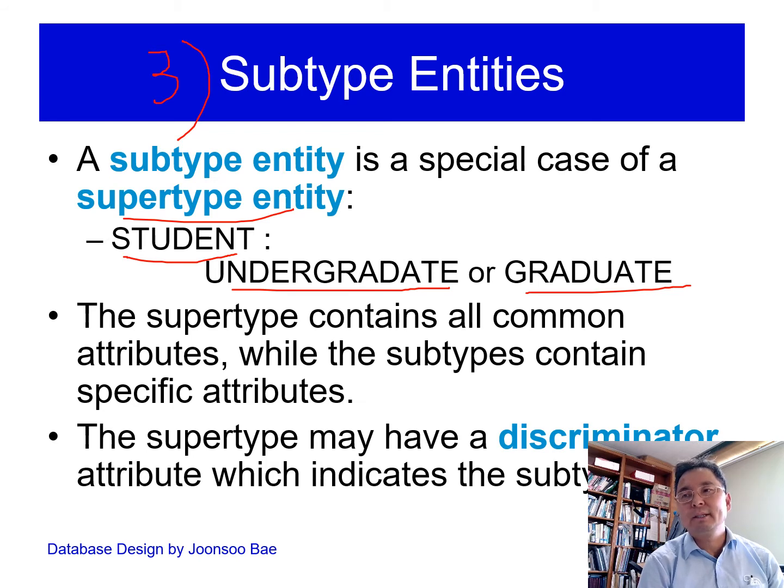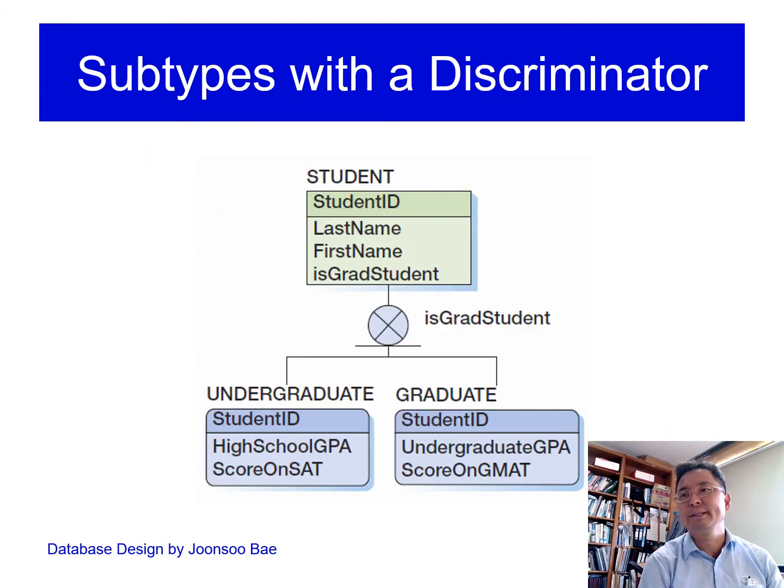So the undergraduate entity is a subtype of the student entity. Supertype contains all common attributes, while subtype contains only specific attributes. The supertype may have a discriminator attribute which indicates the subtype. Okay, you can see the example here.